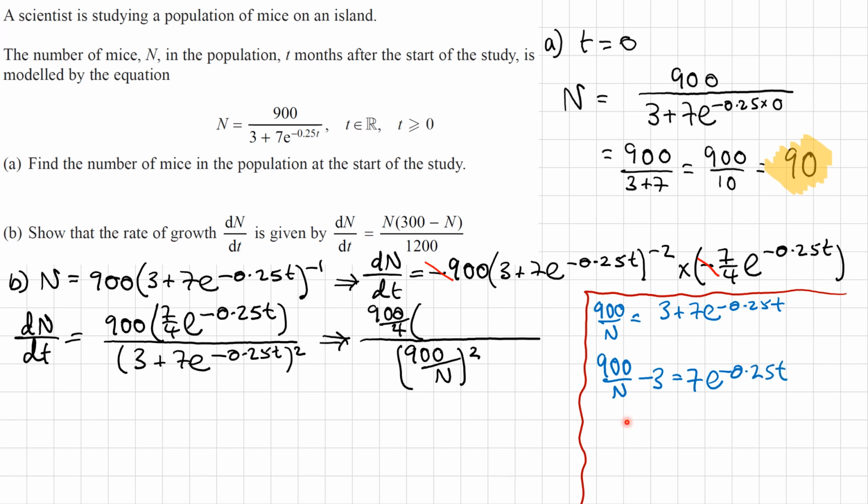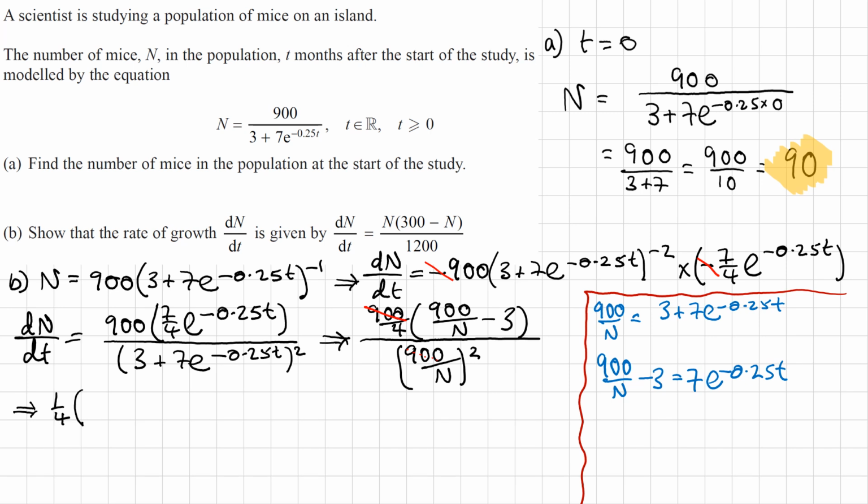So that's what I can now put here in the bracket. So the bit in the bracket here with that 4 taken outside will be equivalent to 900 over n minus 3. Right, now from here I can see I've got a 900 at the top here and a 900 here. I can cancel out this 900 with one of the 900s here because it's going to be 900 squared, and that will leave me with just a quarter here.